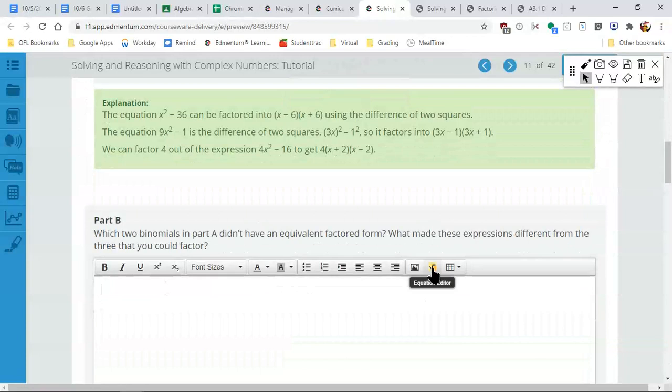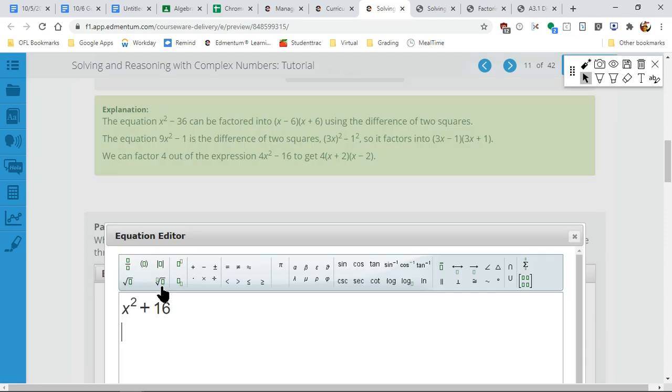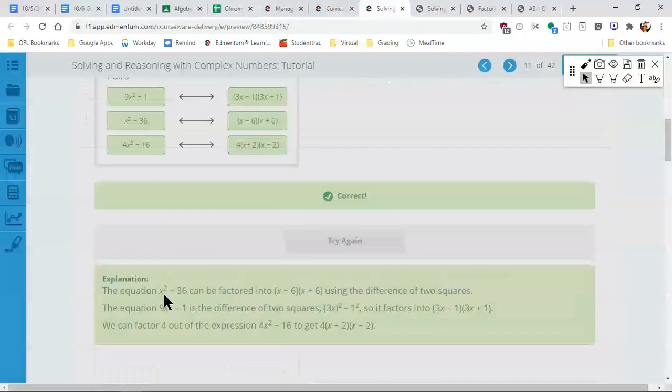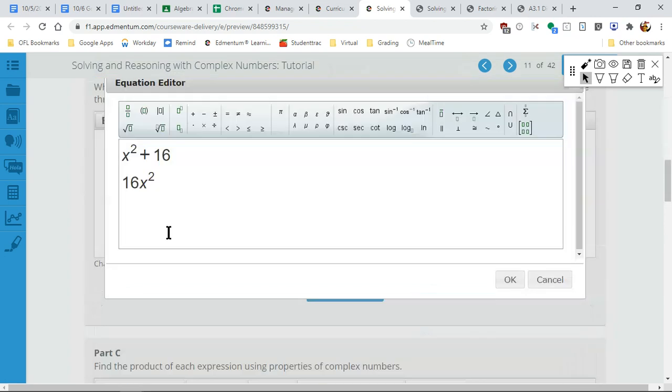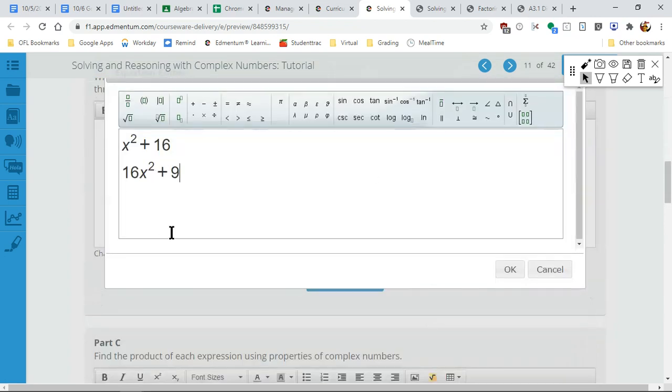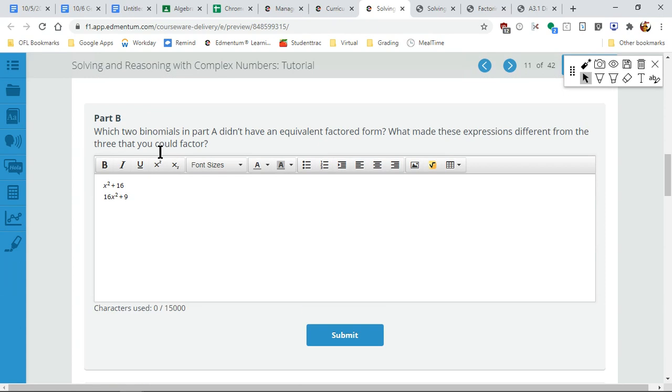So this one was x squared plus 16, and the other one was 16x squared plus 9. Those are two that we could not square. And that's this idea that it's a square, but it's a sum.